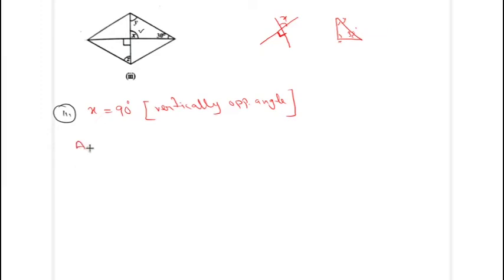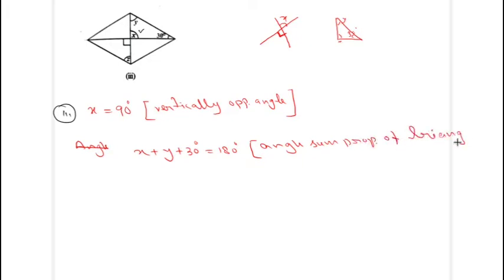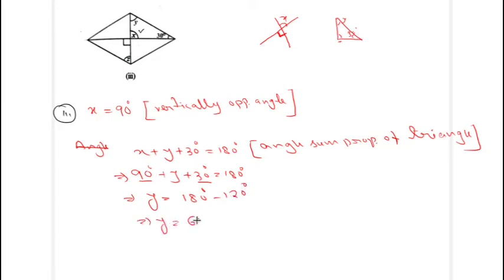We can write x plus y plus 30 degrees equals 180 degrees, because here we have used the angle sum property of a triangle. Now we know the value of x, so we will put it in and then solve it. 90 plus 30 is how much? 120. Okay, so the value of y is 60 degrees.